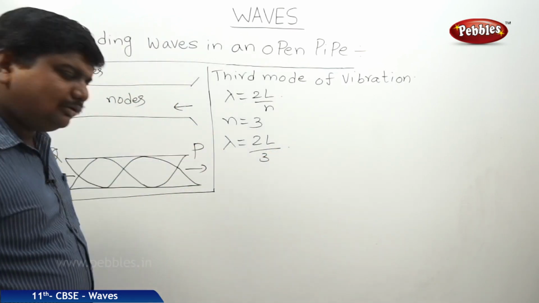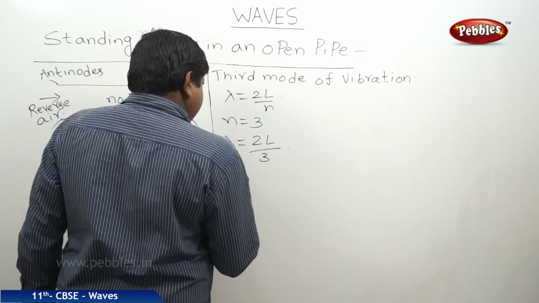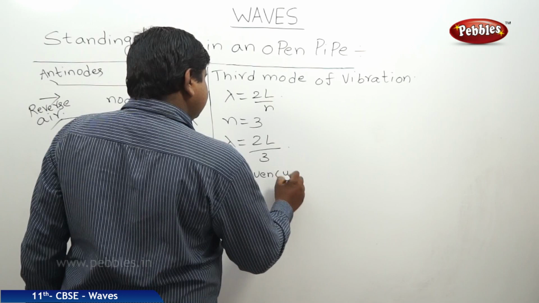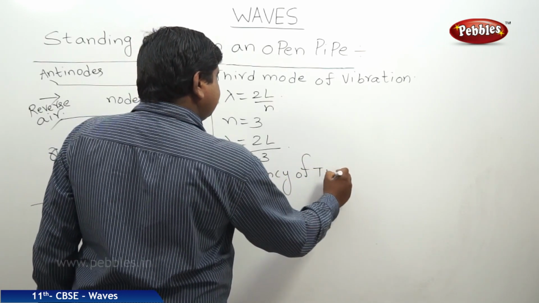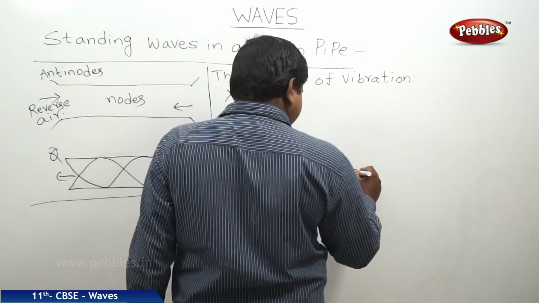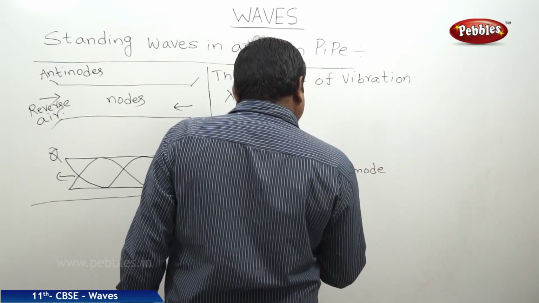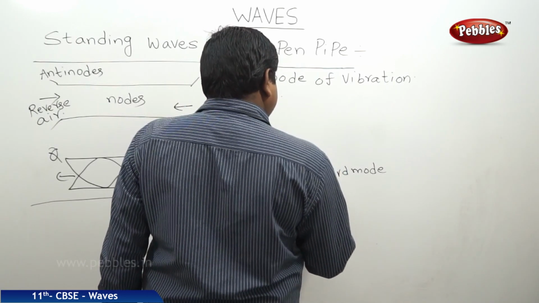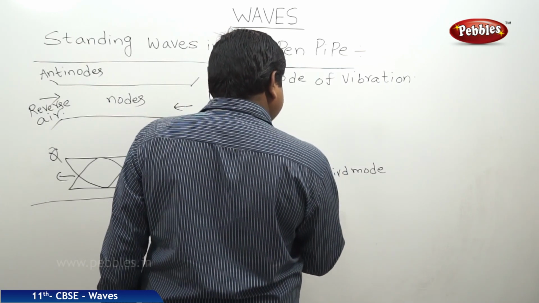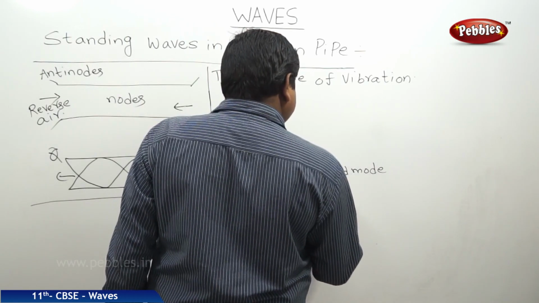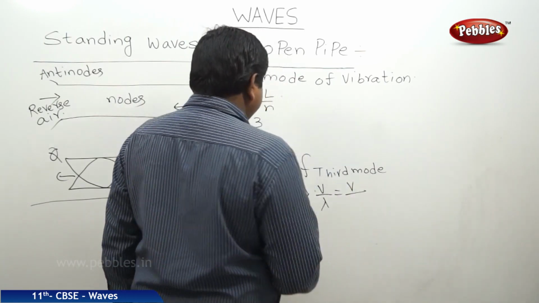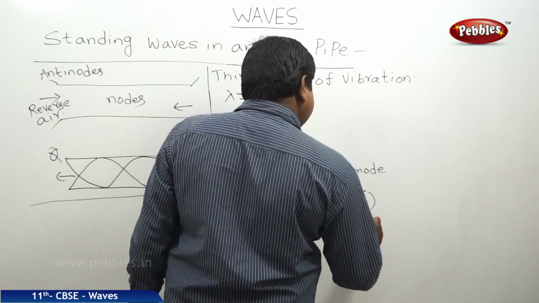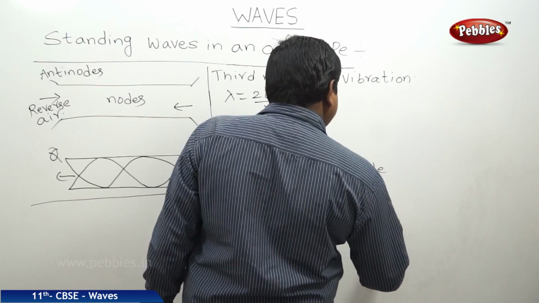The frequency of the third mode is equal to V by lambda. Therefore, it is V by 2L by 3. Therefore, it is 3 into V by 2L.